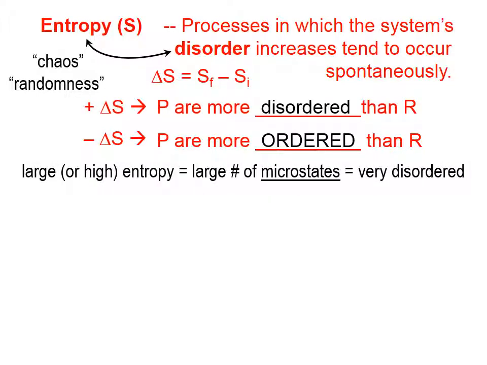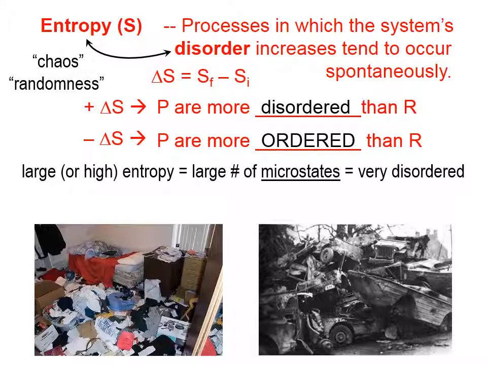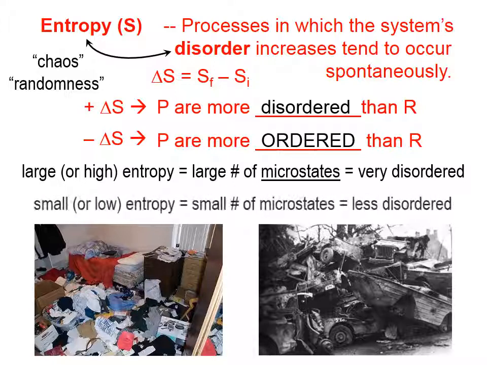Large or high entropy means lots of chaos, lots of randomness, lots of disorder, or sometimes it's called a large number of microstates, a large number of possibilities for how things could be. Here are two pictures of high entropy. There's a lot of chaos, there's a lot of disorder.